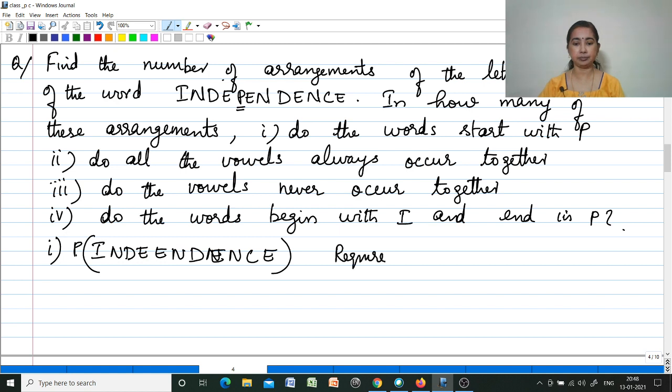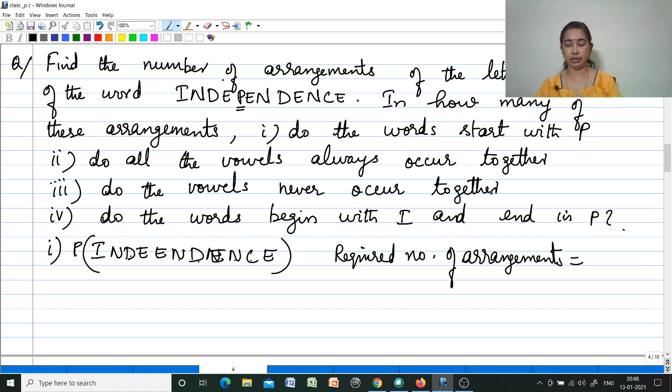So the required number of arrangements is equal to, how many letters are there? 1, 2, 3, 4, 5, 6, 7, 8, 9, 10, 11. So there are 11 letters. So 11 factorial divided by how many times each one repeats. N repeats 3 times, 3 factorial.